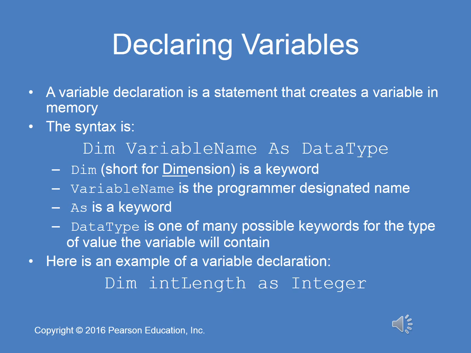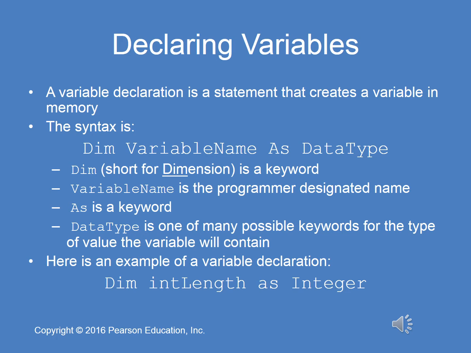Then variable name is the name you, the programmer, give the variable, and then data type is the type of data that will be stored in that memory location. So dim, as, and the data type you choose are keywords. You have to use appropriate programming keywords, or you'll get a compiler error. Variable name is not a keyword. That is, within reason and using some rules, that's the name you give the variable.